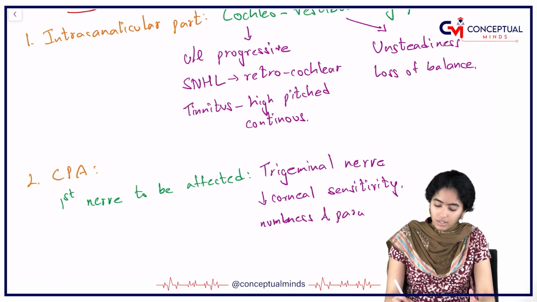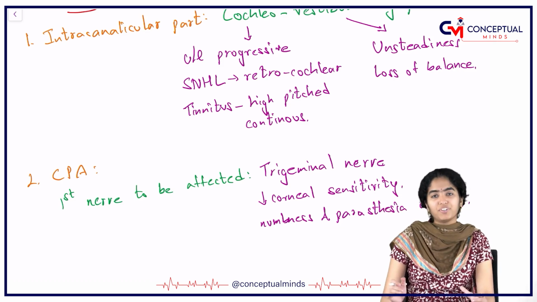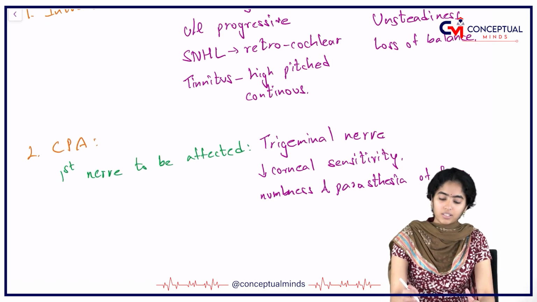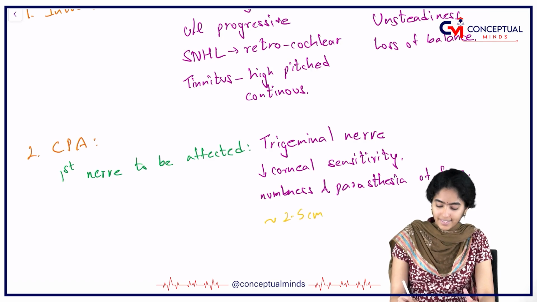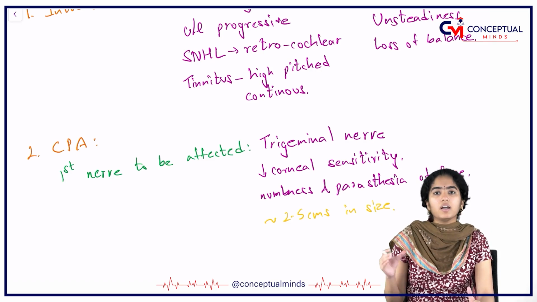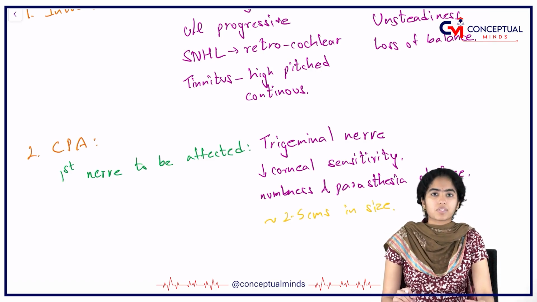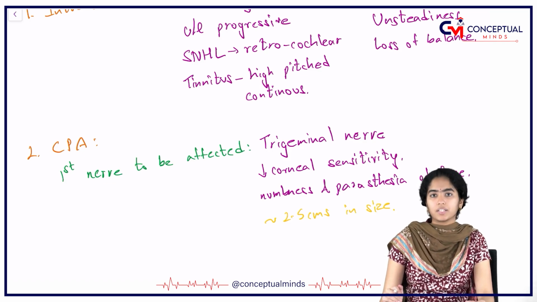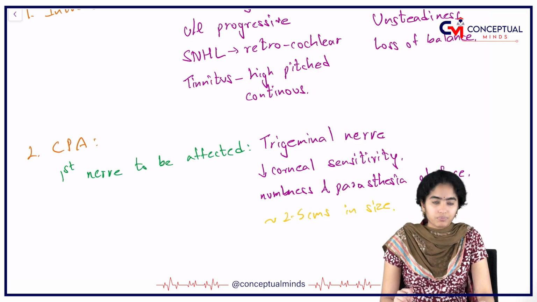So when these features are seen, we can assume that the tumor is roughly around 2.5 centimeters in size. Then only it can bulge upon the trigeminal nerve and cause these symptoms. When it is around 2.5 centimeters, that means it is a medium-sized tumor now.